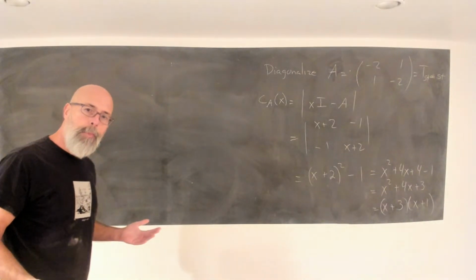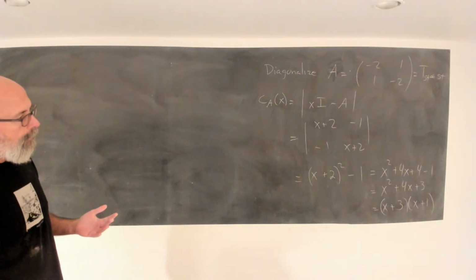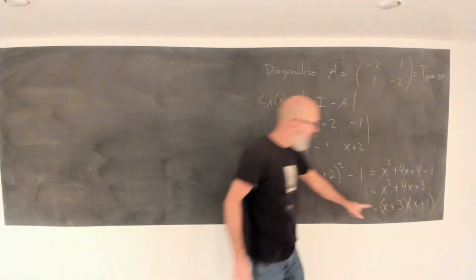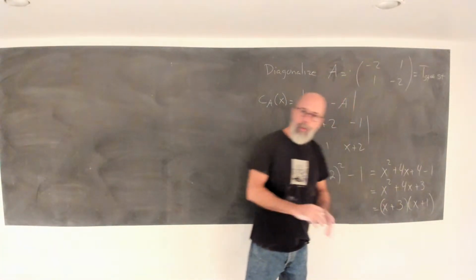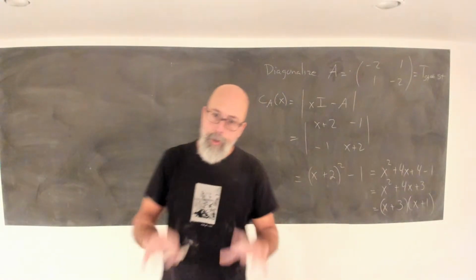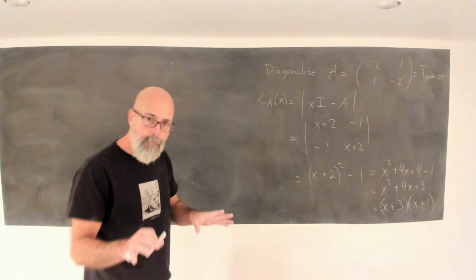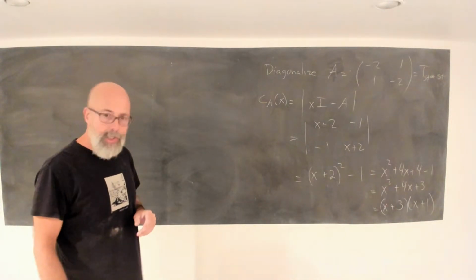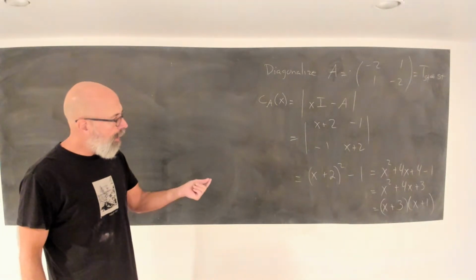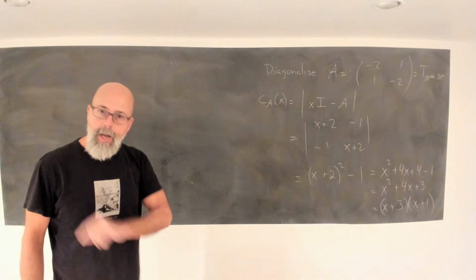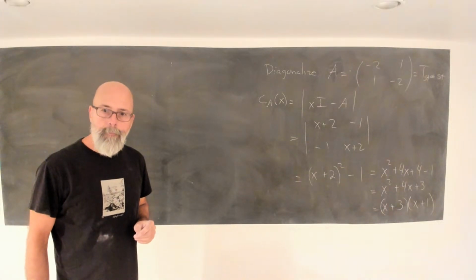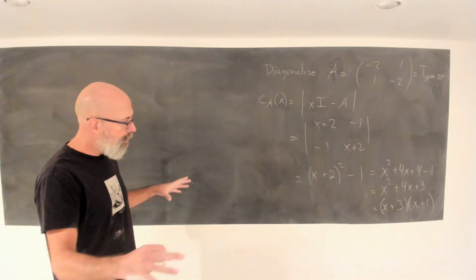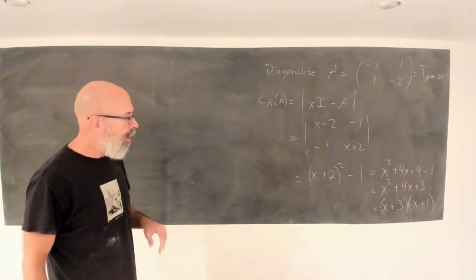While we're here, let me point out that if the characteristic polynomial factors completely into polynomials of degree 1 into distinct factors, the matrix is diagonalizable, right? Because the eigenspace always has dimension at least 1. So if it factors into distinct factors, it's good enough.